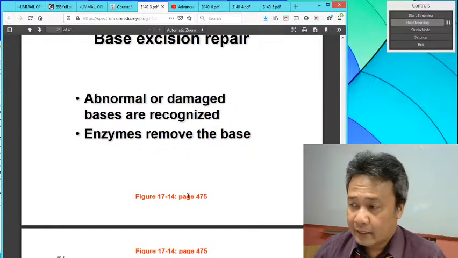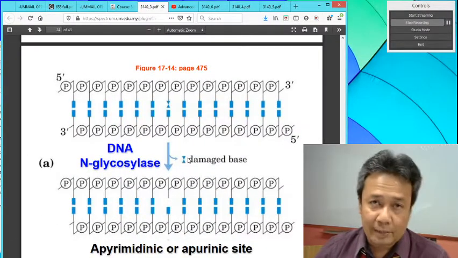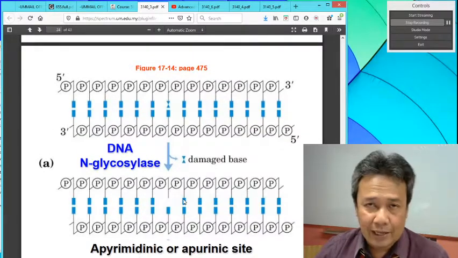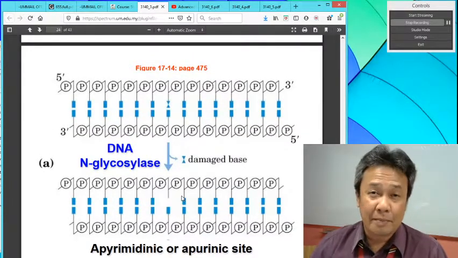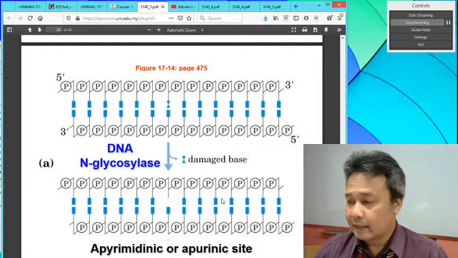For base excision repair, what happens first is the removal of the damaged base, and what you create is what is called an abasic site. That means it doesn't have a base. It can be a pyrimidinic or a purinic site.